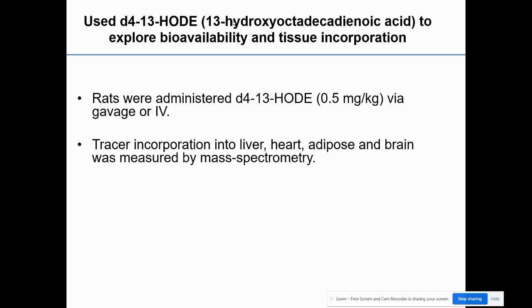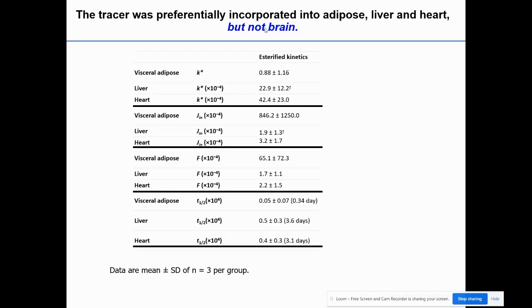In oils, in French fries, this is the most abundant one. So we gave it to the rats by gavage or IV, and we looked at tracer incorporation in liver, heart, adipose, and brain using mass spectrometry. So what we found was actually interesting.